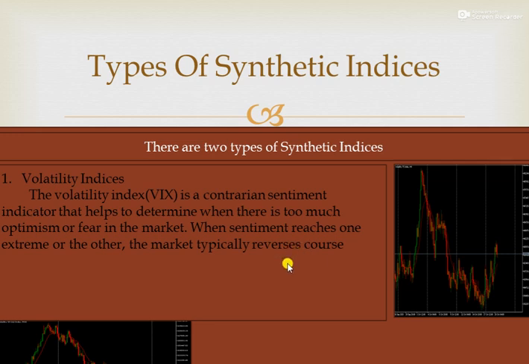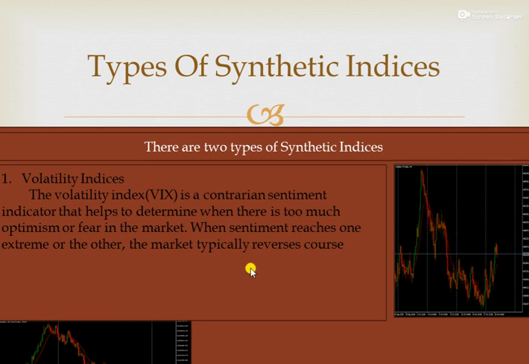What this is trying to say is that the volatility index is an indicator used to measure whether there is too much optimism or fear in the market. It tells us basically what mostly happens in the markets.